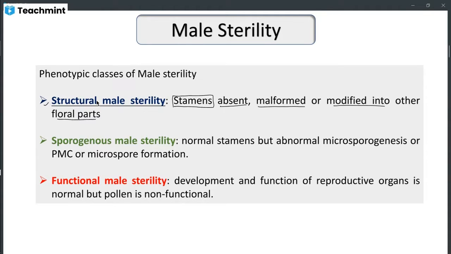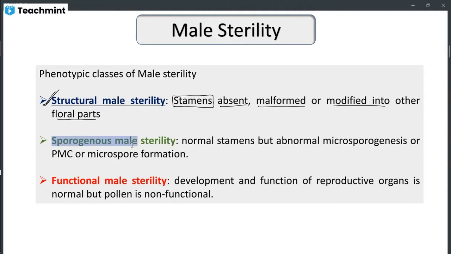Okay, so this comes under structural male sterility. Completely the stamens might be absent, or the stamens might be formed but malformed, or we can say malfunctional, and the formed stamens are completely modified into other floral parts.